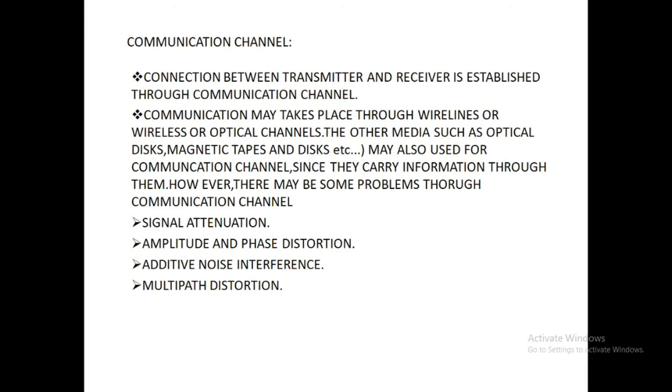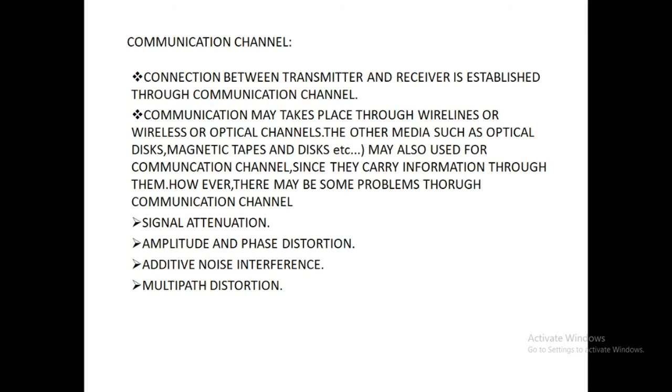Next, the communication channel. The connection between the transmitter and receiver is established through the communication channel. Communication may take place through wirelines, wireless, or optical channels. Other media such as optical discs, magnetic tapes, and discs may also be used as a communication channel to carry the data.